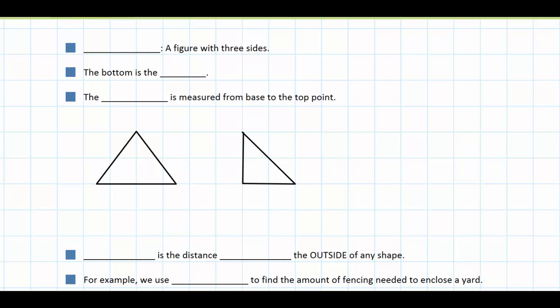Triangle. A triangle is a figure with 3 sides. The bottom is the base. The height is measured from the base to the top point. So in this triangle, this is our base, and the height is from the base to the top point.